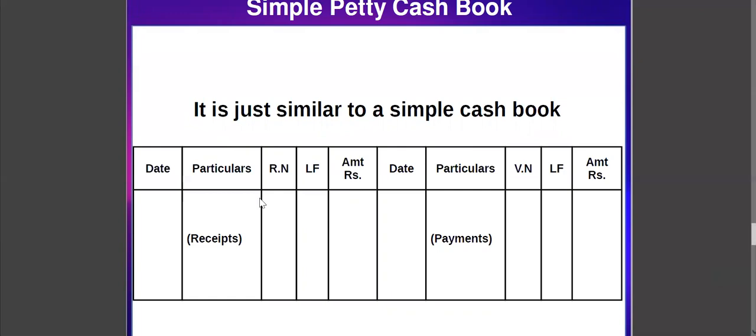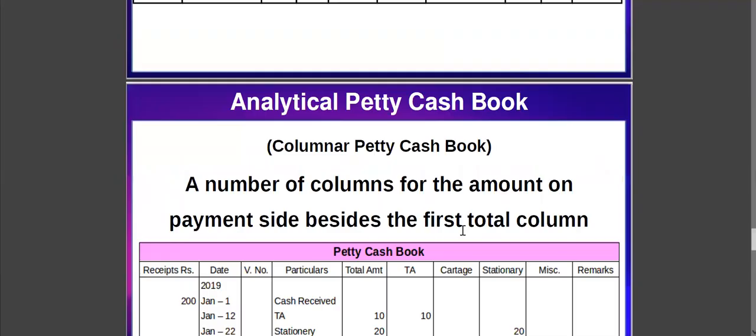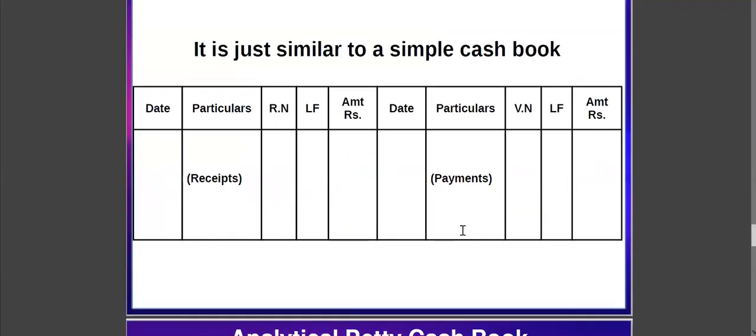The debit side is receipts and the credit side is payments. This is very important: you have to use both sides, debit and credit, because you receive the advance and you also have to enter the payment side.